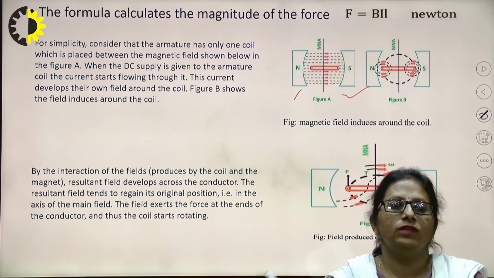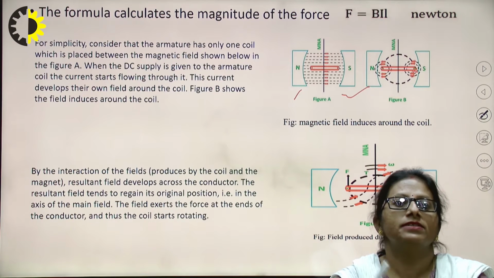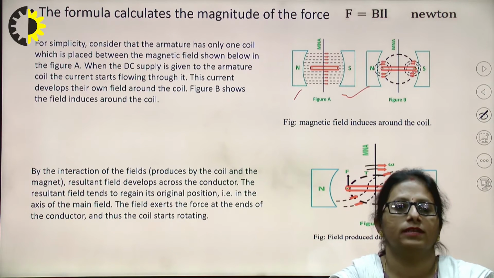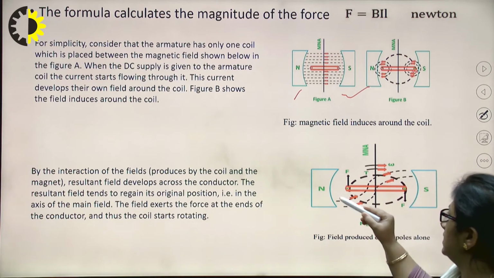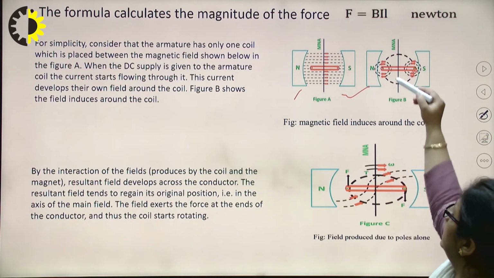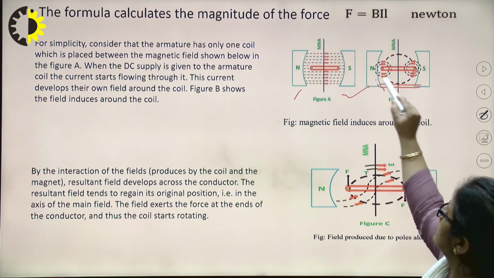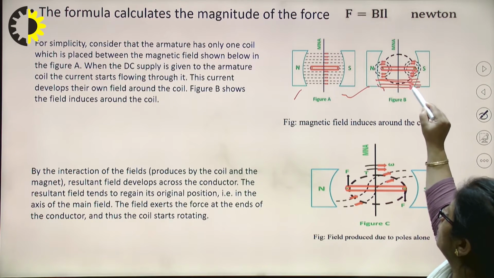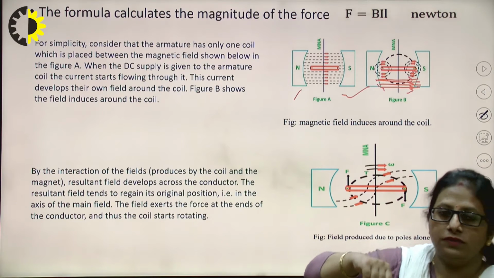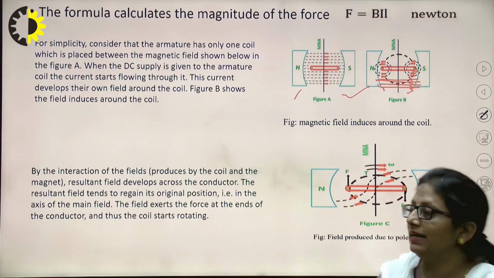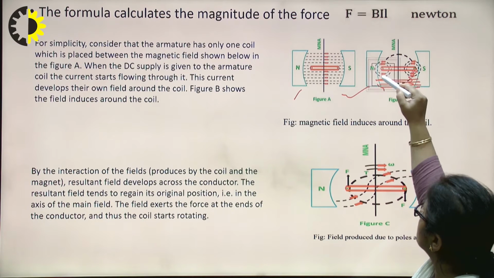So the interaction of these two fields will result in the resultant field which develops across the conductor, right? This is the resultant field. Towards the downside, if you just see, the main field direction is downward from north to south, right? And the direction of the field created by the current carrying conductor is upward towards this side.